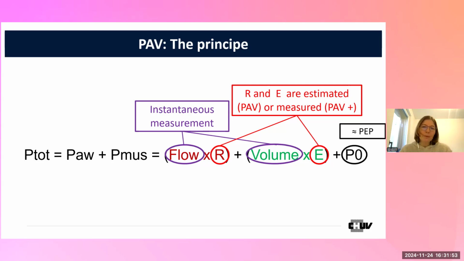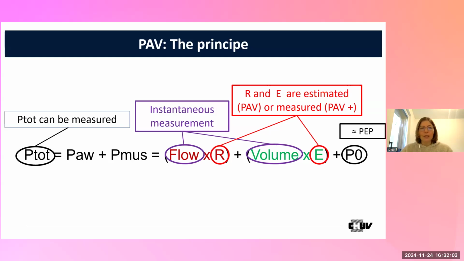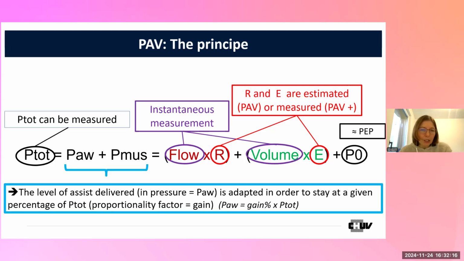Then the initial pressure can be considered as the PEEP set on the ventilator. This means that you know all those parts of the equation, and the system knows the total pressure. And then the system selects the proportion of this total pressure that has to be done by the patient and by the ventilator.